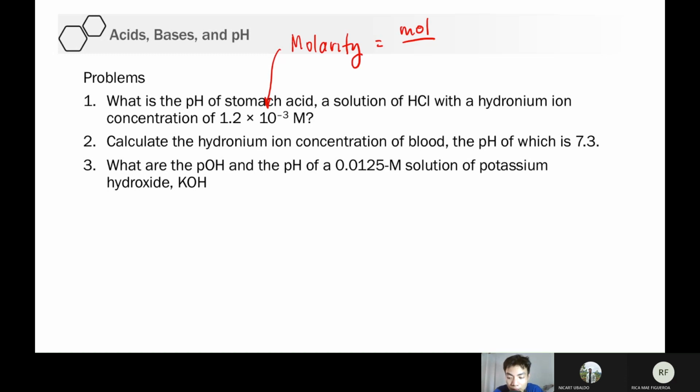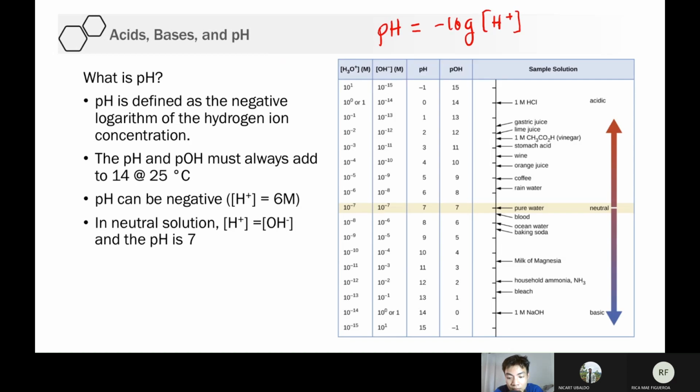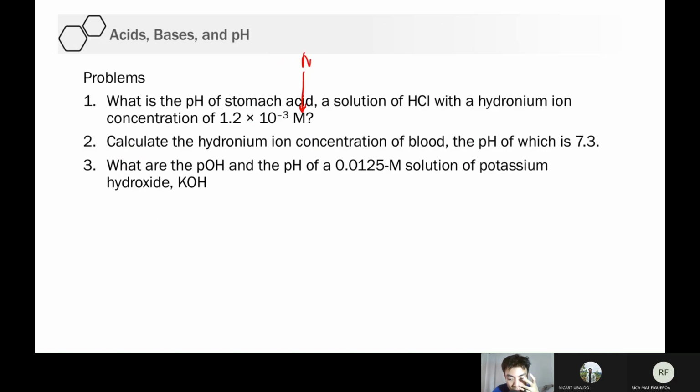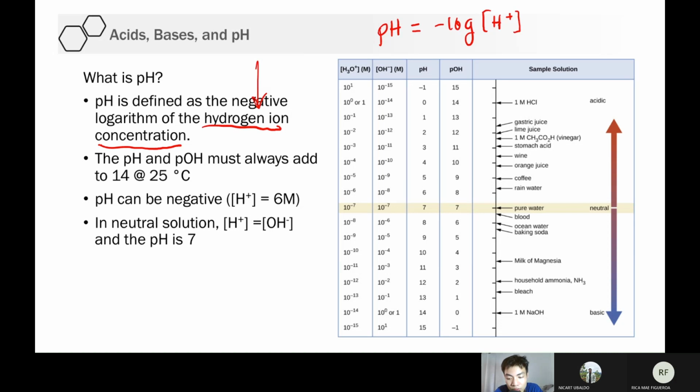Pero anyway, dito yung concentration ng acid na sinasabi natin sa pH. So, when you say hydronium ion concentration, the unit must be molar, or mole per liter. Yan dapat yung unit kapag kukunin mo yung hydronium ion concentration.